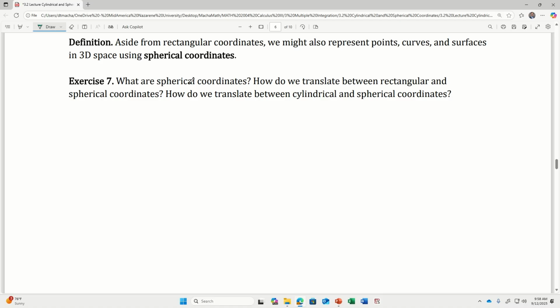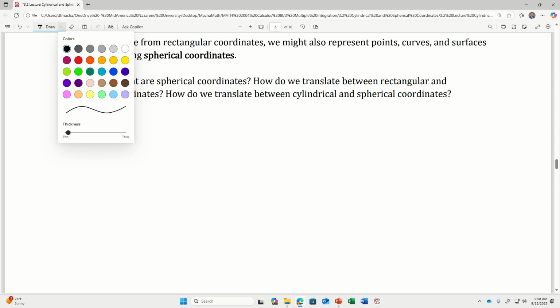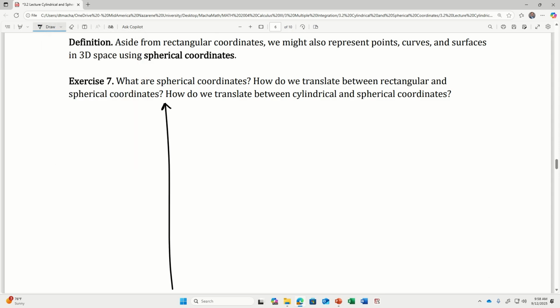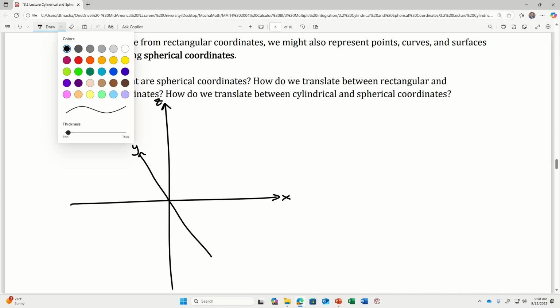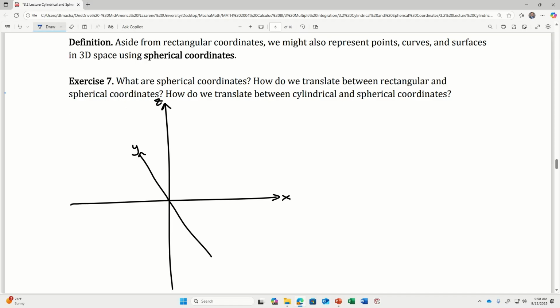Aside from rectangular coordinates, we can use spherical coordinates. And so spherical coordinates is the tricky one. Here's my XYZ space. And the deal with spherical coordinates is we are going to be given a rho, a theta, and a phi.